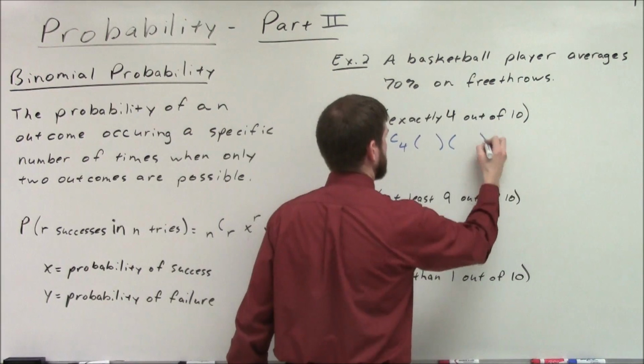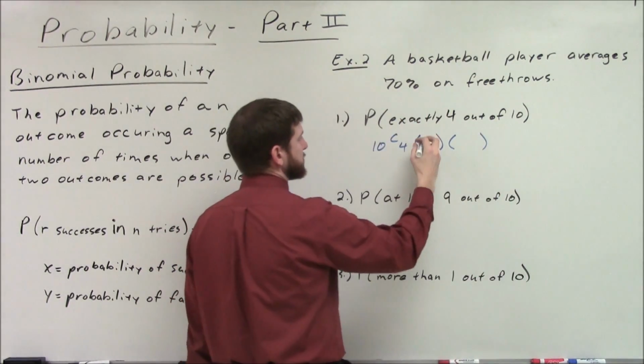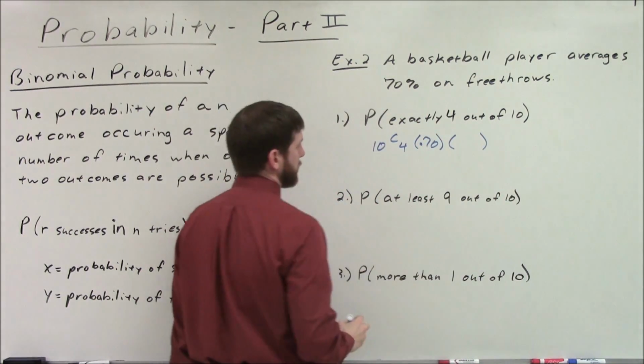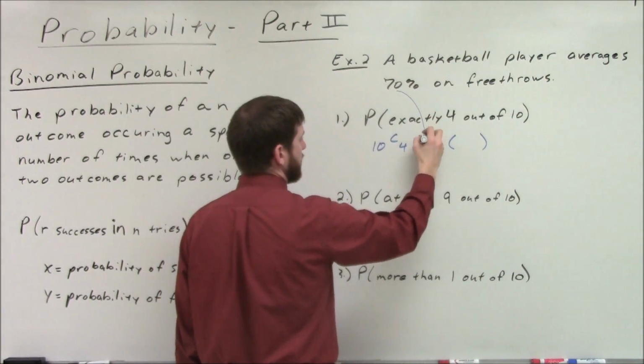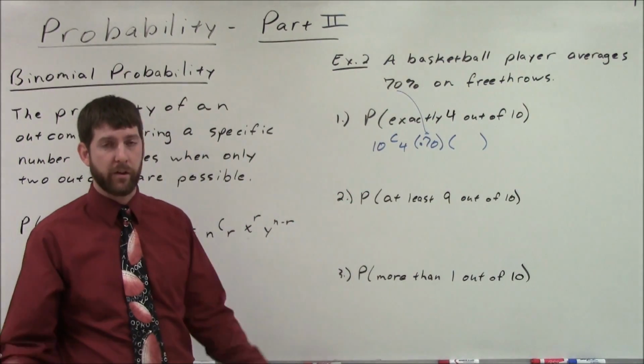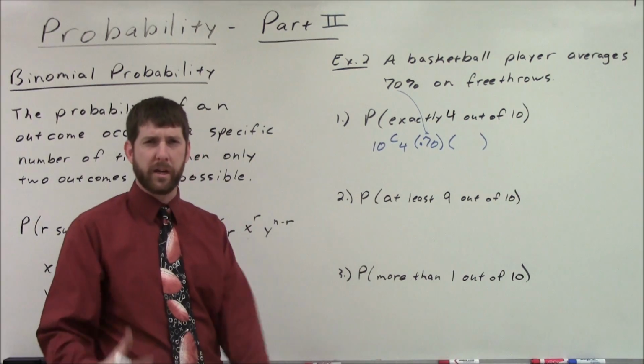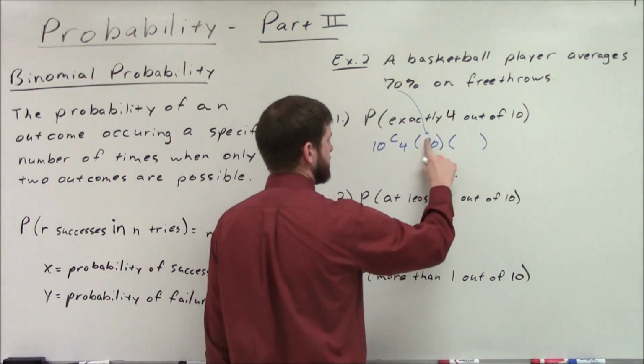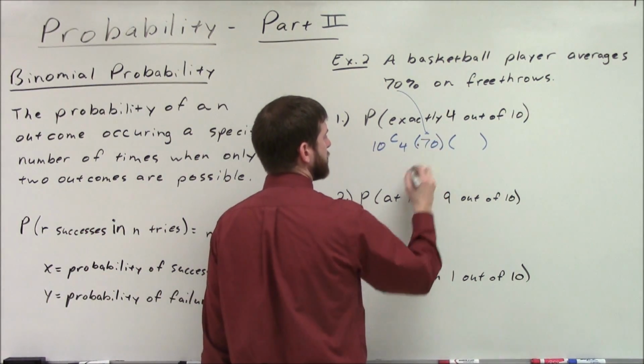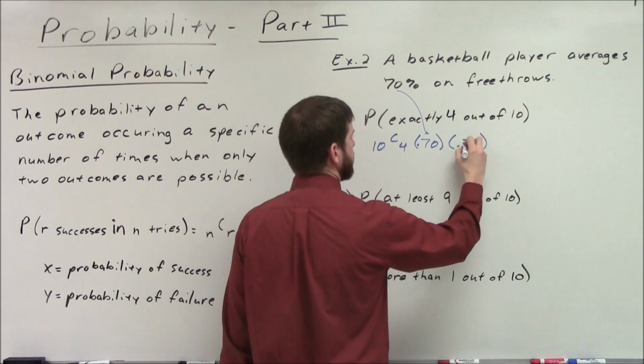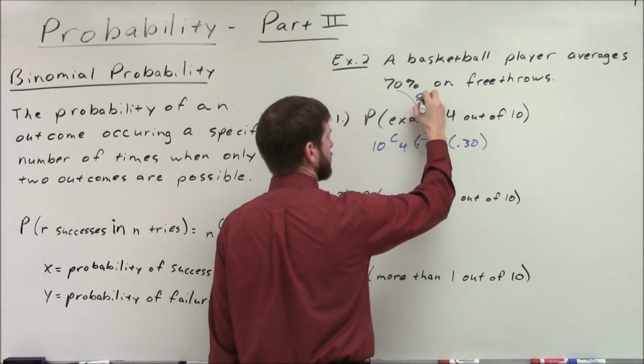Now, go ahead and throw your probabilities in there. 70% probability of success means the probability of failure has to be everything else. Complement comes in a little bit right there. So if we succeed 70% of the time, that means we fail 30% of the time.